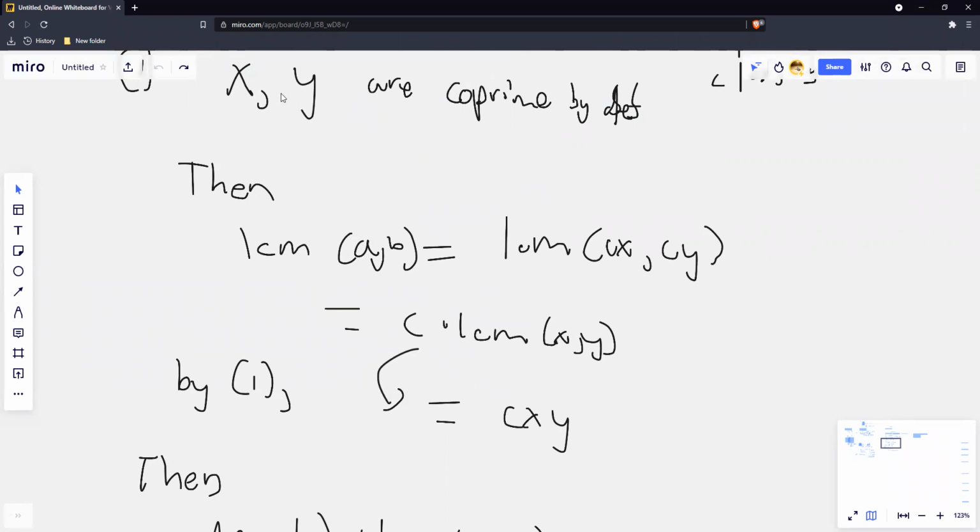But by lemma 1, we know that X and Y are coprime. So it means they don't share any factors.